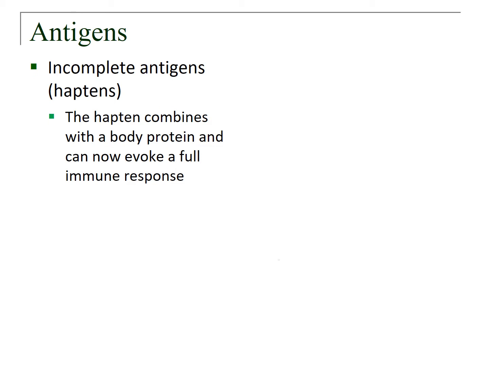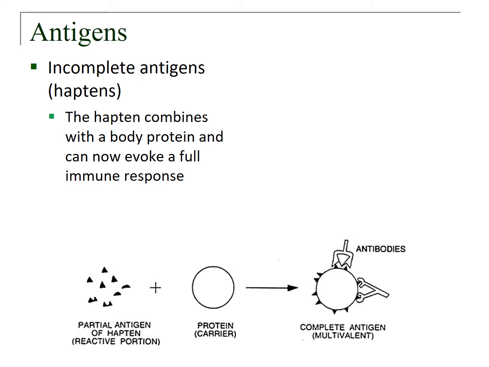So how does this process actually work with an incomplete antigen or hapten? Basically, the reactive portion of the hapten, once it's bound to the protein carrier, can then itself bind to antibodies. So when this hapten combines with the body protein, it can cause a full immune response.